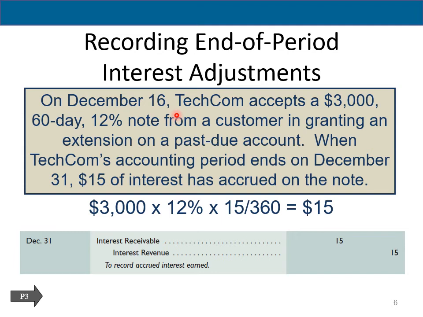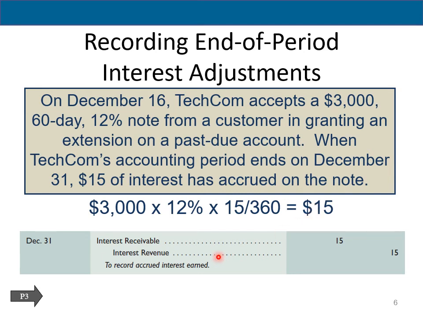When TechCom's accounting period ends on December 31st, $15 of interest has accrued on the note. Here's your computation: face amount, 12%, 15 days, because the note was issued on December 16th, and December has 31 days. So that's how we get our interest computation.